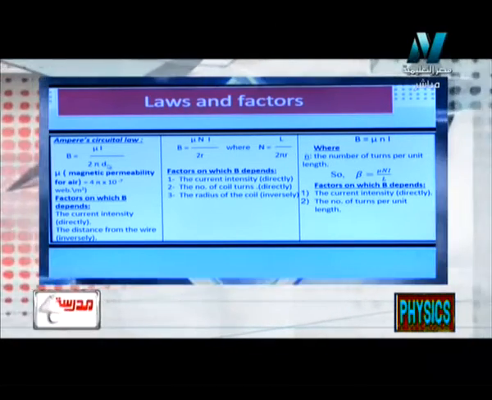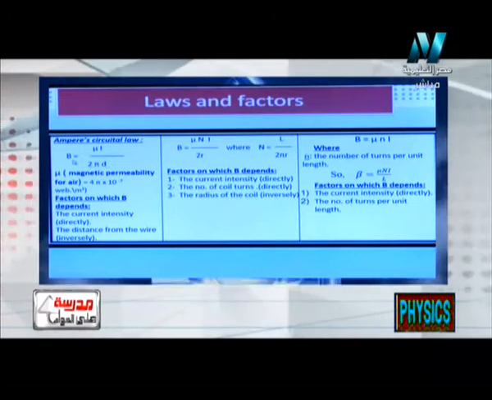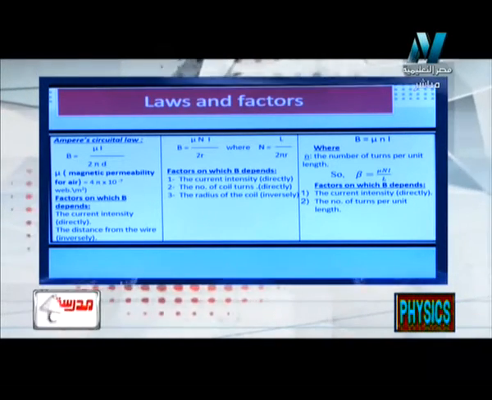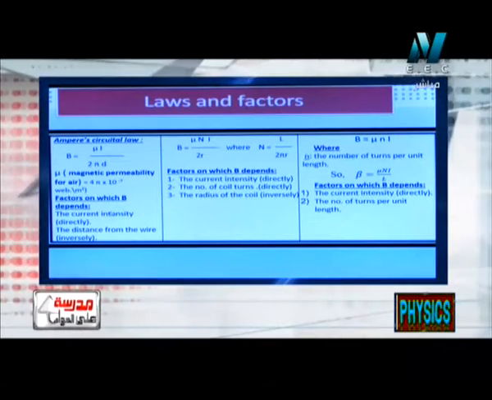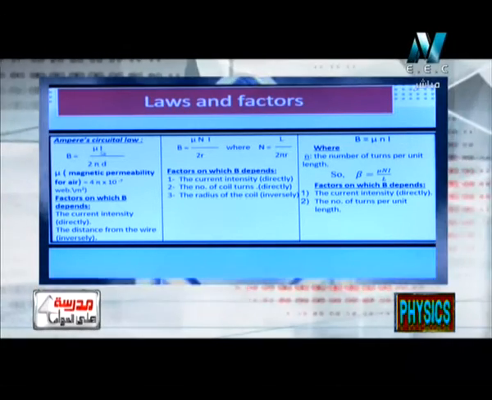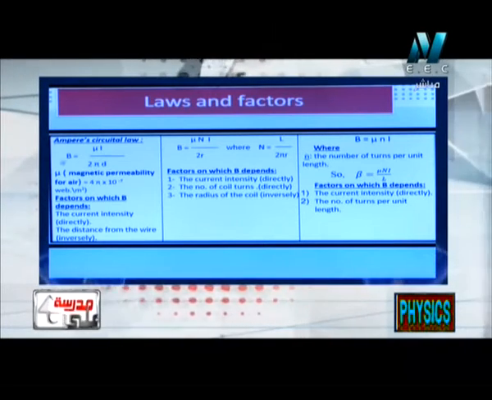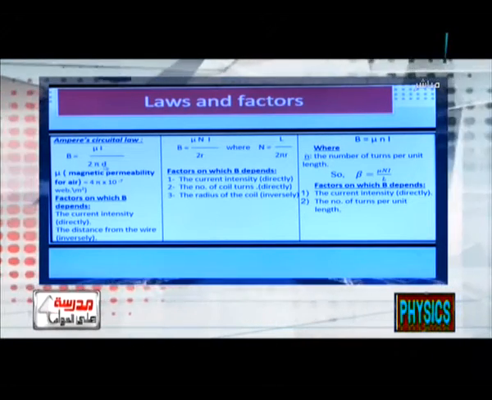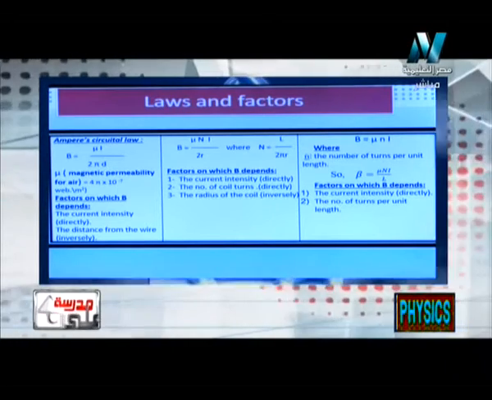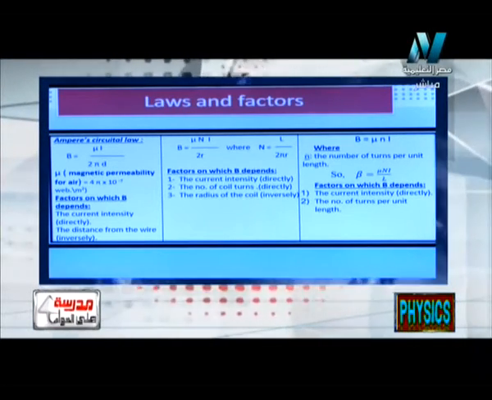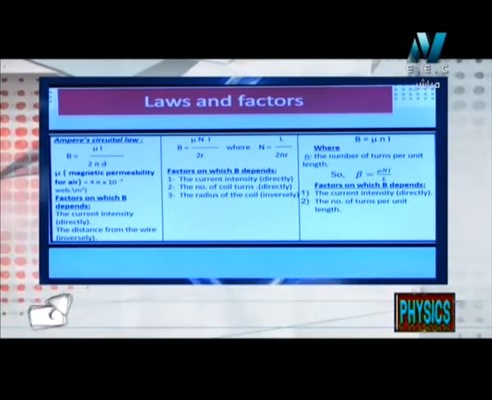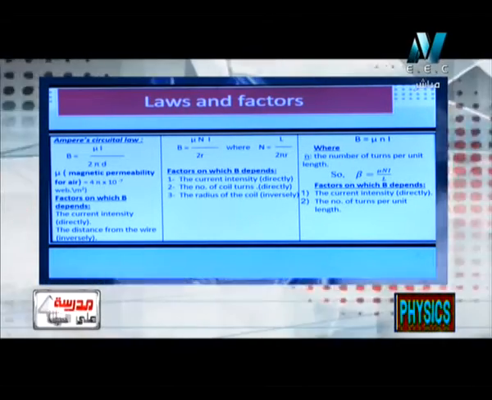What are the factors on which the magnetic flux density around a straight wire carrying a current depends? Number one, the current intensity: beta is directly proportional to the current intensity. Number two, beta is inversely proportional to the distance from the wire. So many times we can say the same words; we can conclude the factors from the rule.